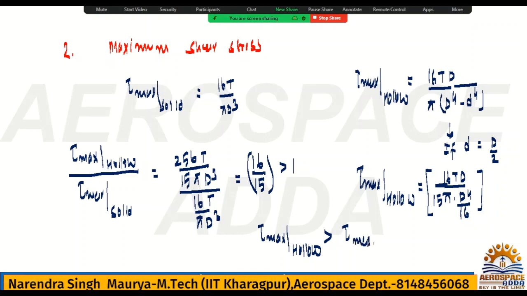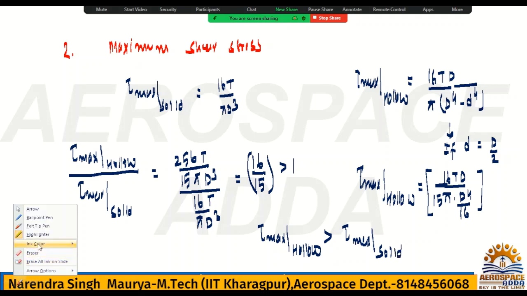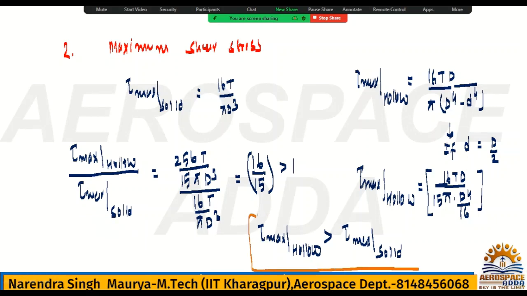The maximum shear stress that a hollow shaft can resist is more compared to the solid one. This is possible when it is the same material and the same weight, then this result you may get.